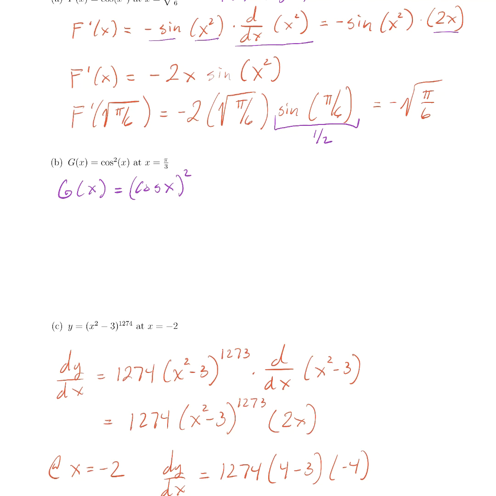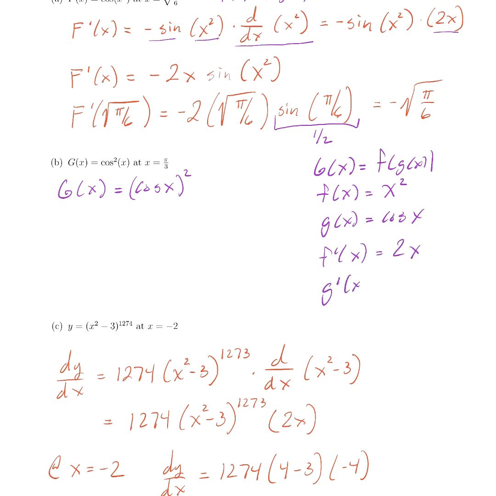I'm going to do this one example again, writing this all out. G of x is f of little g, for f of x being x raised to the second power and g of x being cosine of x. f prime of x then is 2x and g prime of x is negative sine of x.